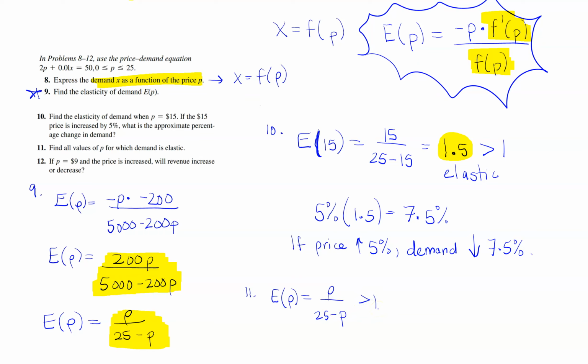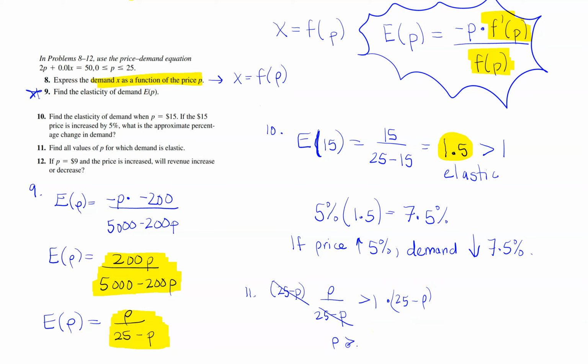Okay, so we're just doing some algebra here to solve this inequality. I'm going to multiply both sides by my binomial, 25 minus P, and that will just clear my fraction for me.